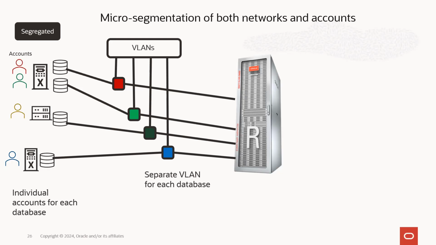But typically what we see is grouping databases together, where there's an account that manages the critical databases, the non-critical databases, and then separate VLANs because oftentimes those critical databases are on a different network than the non-prod or the less critical databases. So that's what I'm trying to show here, is that there is a very high level of microsegregation you can do if you really needed to, and you can isolate everything down to whatever level makes sense for your organization.